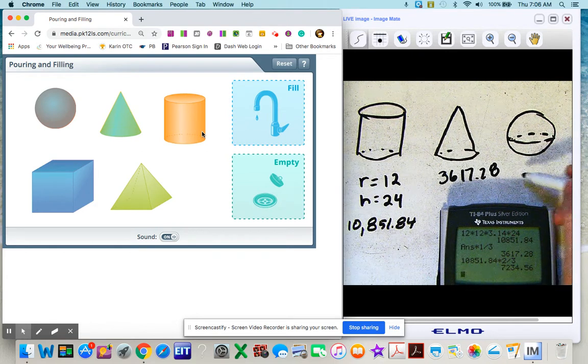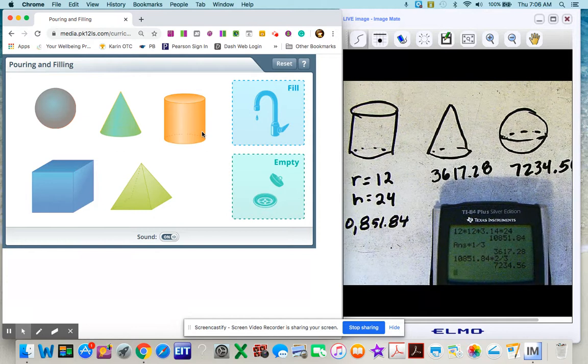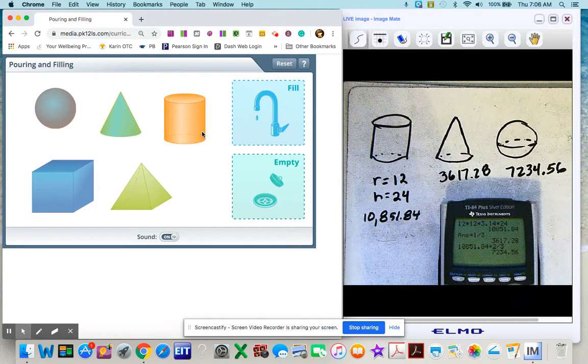And I get 7,234.56 as my volume. Interestingly enough, my 1/3 and my 2/3 should equal my whole cylinder. So if I add these two things together, I should get my 10,851.84.